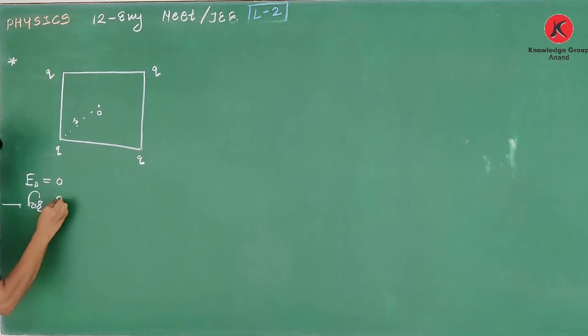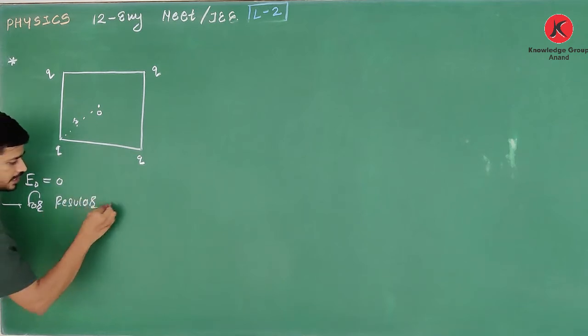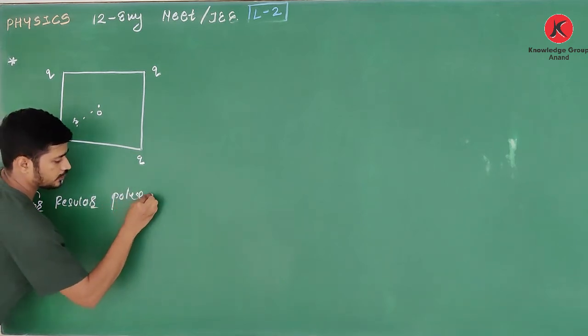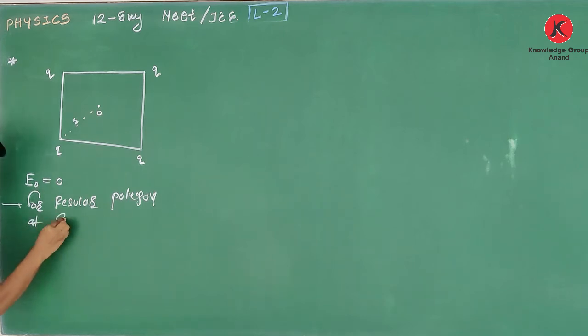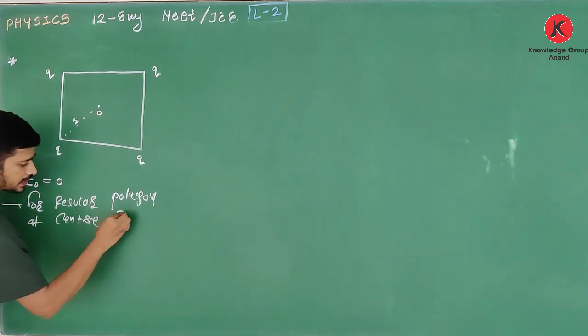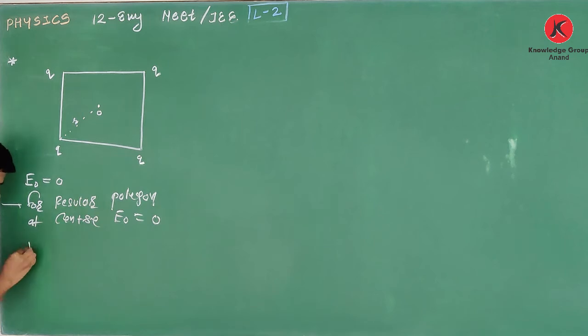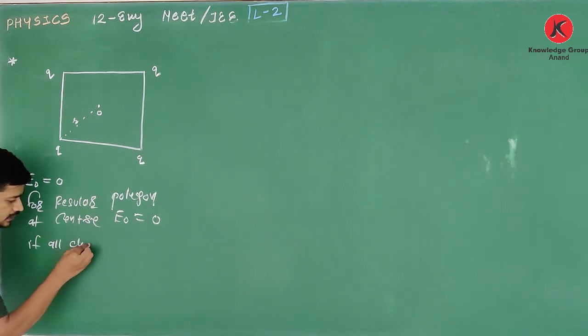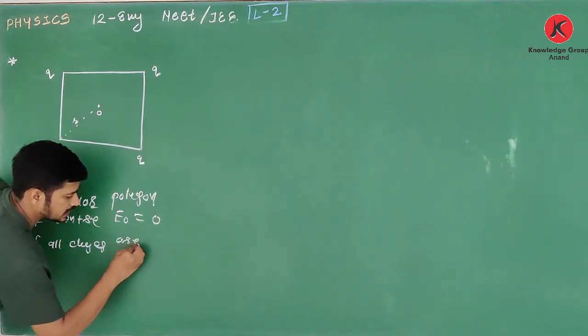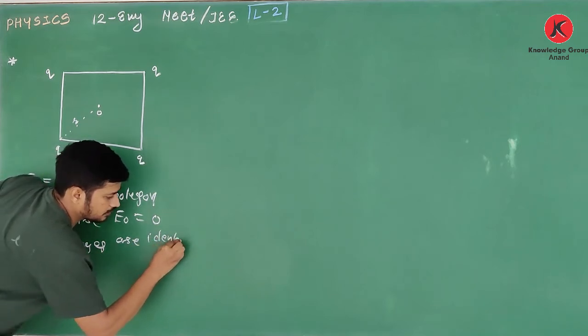And it is true for any regular polygon. For a regular polygon at the center, E0 is equal to 0 if all charges are identical.